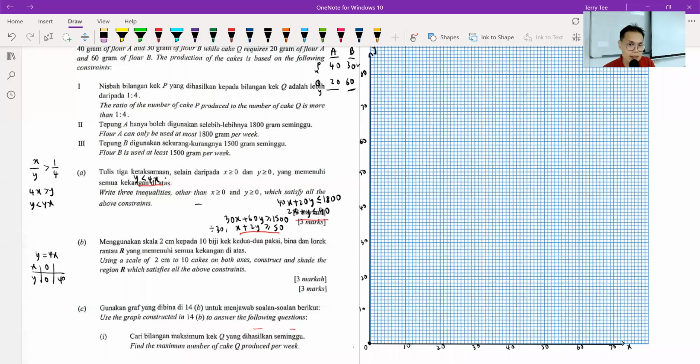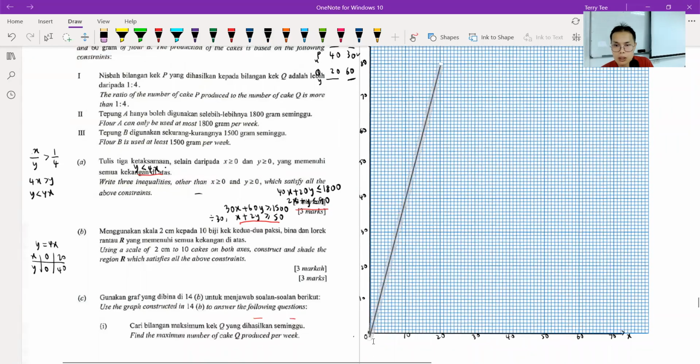But in this case, it's not a solid line. It's a dotted line. But let me just draw this line, then I can just trace it over. Yeah, 20, 80 is over here. Because it's non-inclusive, there's no equal sign. It's y less than 4x. So let's just draw a dotted line on it.